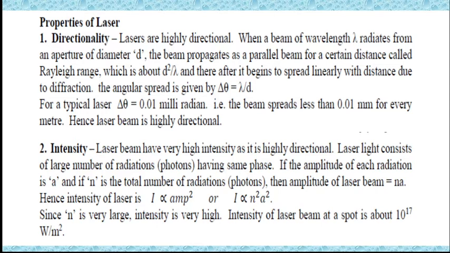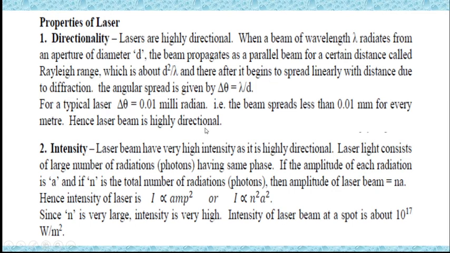The angular spreading of this laser beam after traveling this Rayleigh range is given by the expression delta theta equals lambda by d. As you know, lambda is the wavelength of laser beam, d is the diameter of the aperture.